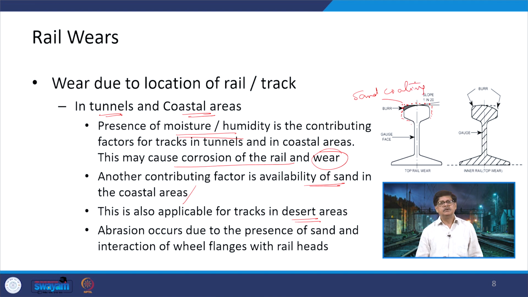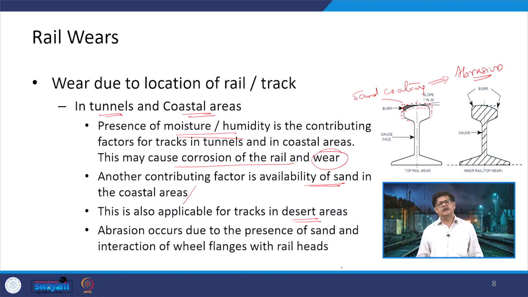happens and there is an interaction of the rail and the wheel, then in that case this sand coating will induce abrasion action, and if this abrading action is there at the top surface, you will find slowly and slowly there will be a change in the profile, there will be change in the material sectional area of this rail head, and there will be loss in the weight of this section.